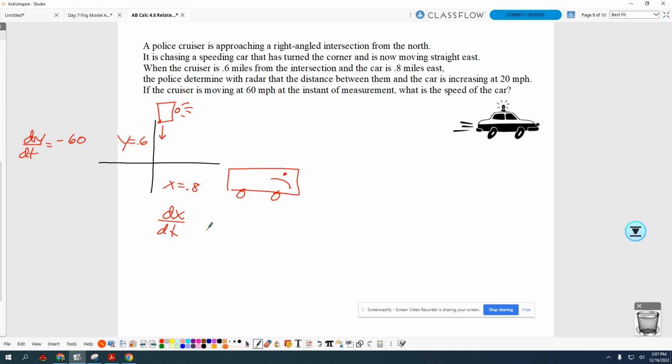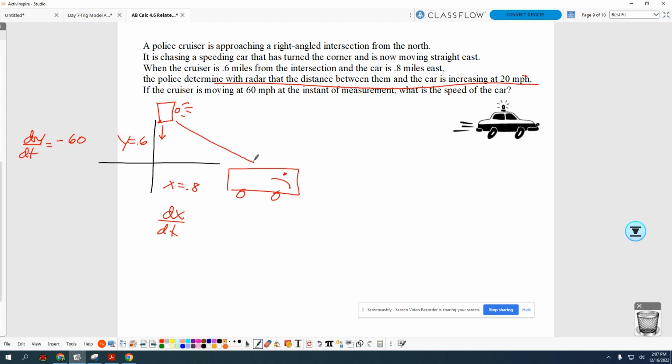David, what was this one? It's determining the distance between the police car and the bad guy car. It's a direct straight line, a diagonal.